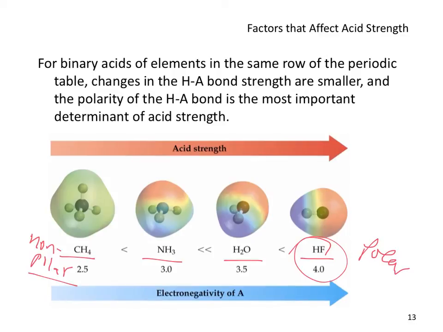So that's going to be the weakest acid, because carbon is not going to give you polar bonds, and so one can say that HF is going to be the most polar and also most acidic.